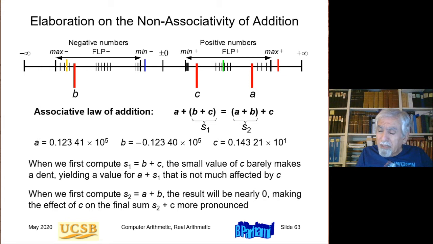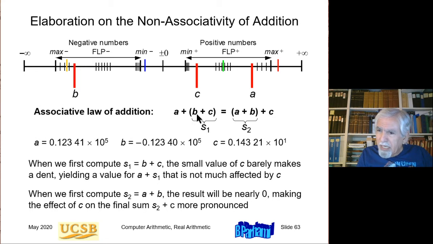So a byproduct of this is that the order of operations in floating point makes a difference if you are adding a list of numbers. And therefore, if you have an optimizing compiler that rearranges the terms in order to gain performance. Let's say the computation is written as A plus B plus C. The original form is this.